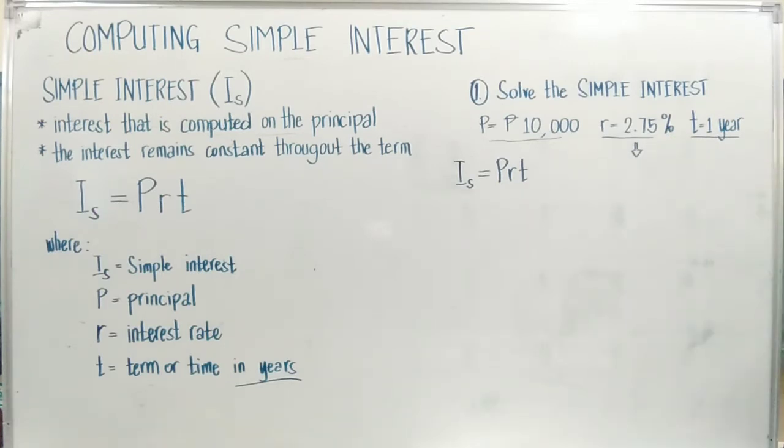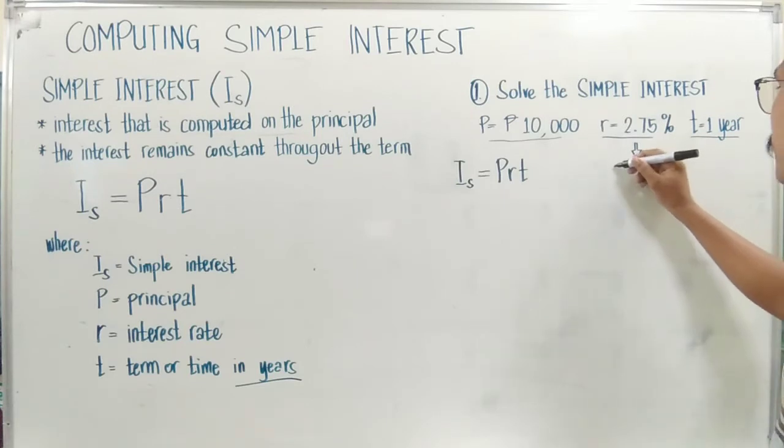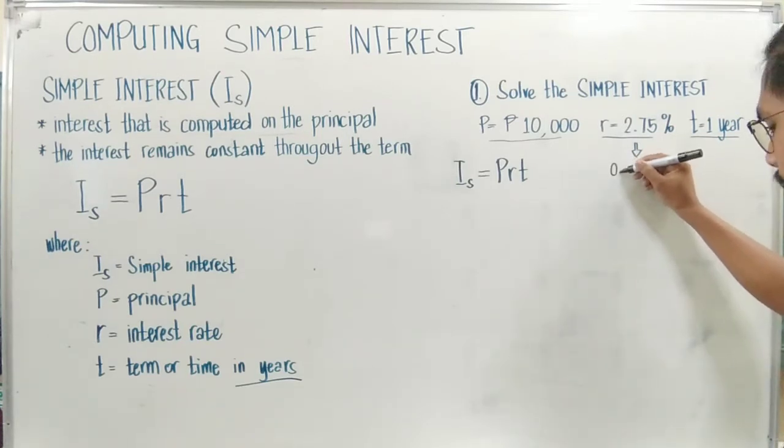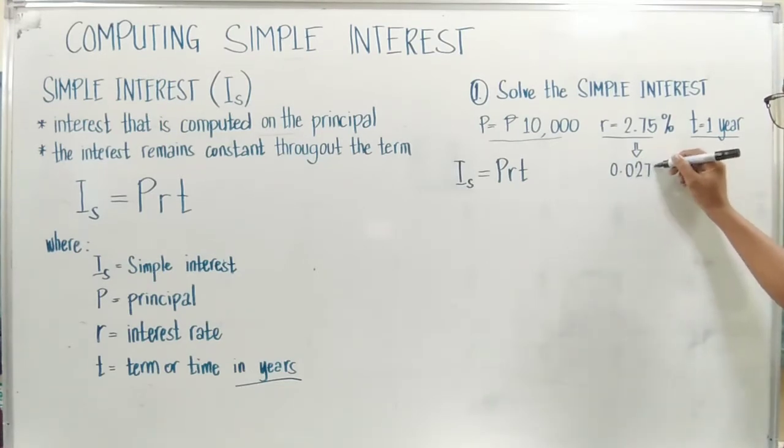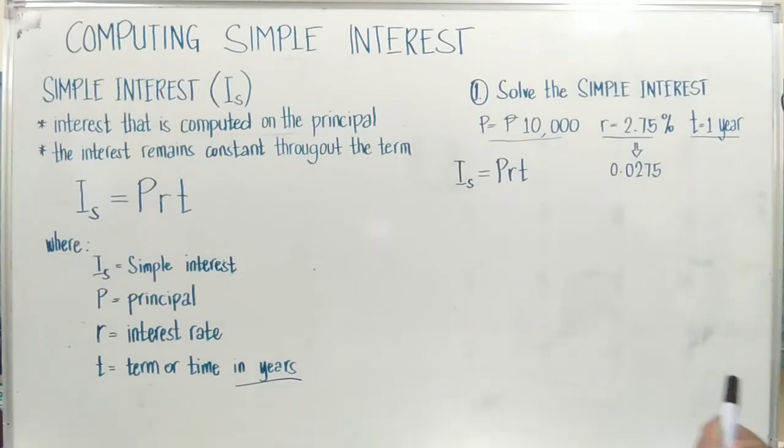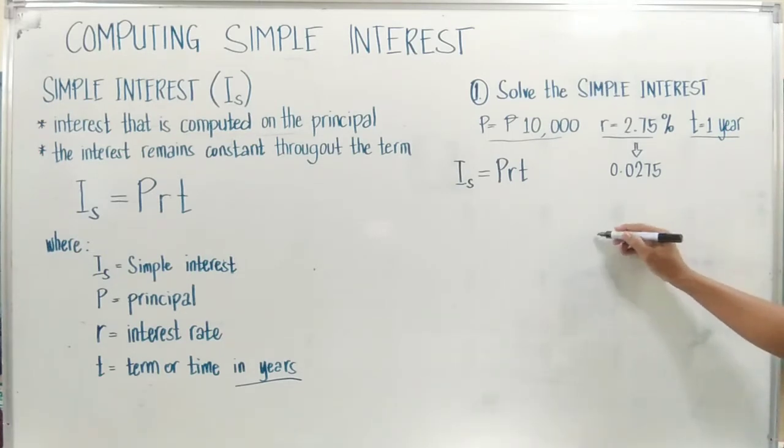Probably the first step is to convert your rate of 2.75% into decimal form. So that will be 0.0275.